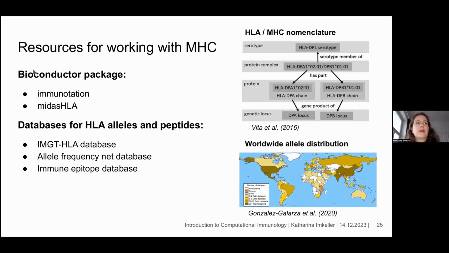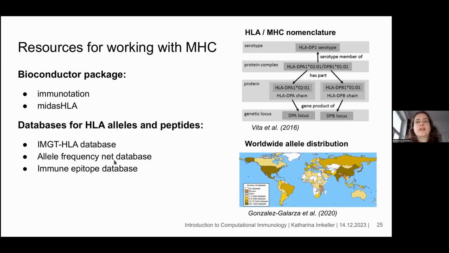There are several Bioconductor packages that can be used. They have different functionality, and they typically utilize databases for HLA or MHC alleles and peptides. I have 3 different databases listed here. So the first one, for example, contains the sequences of the alleles that are known in humans.